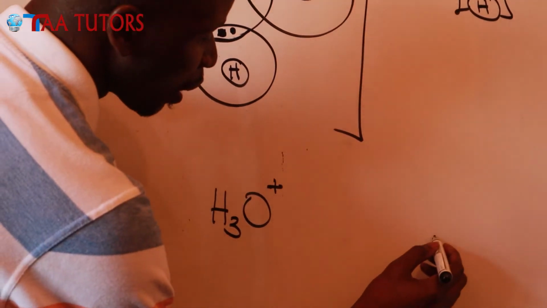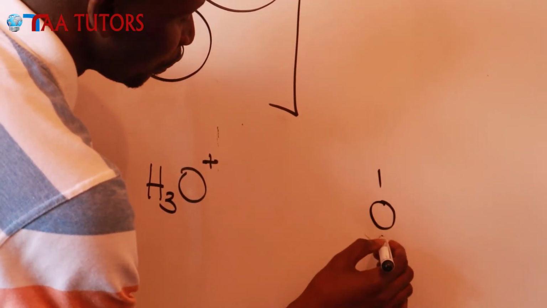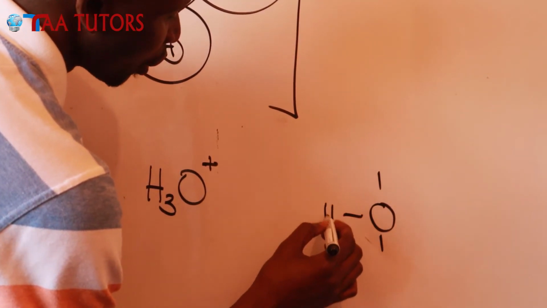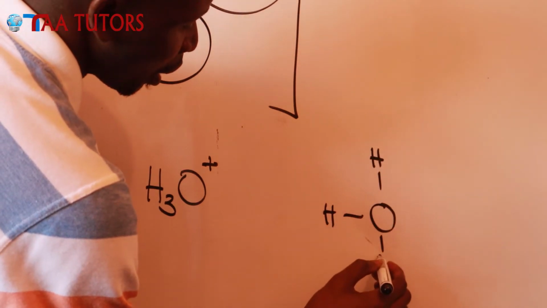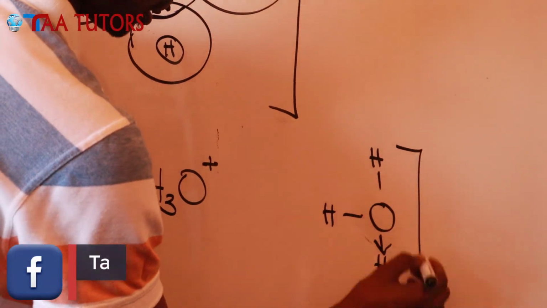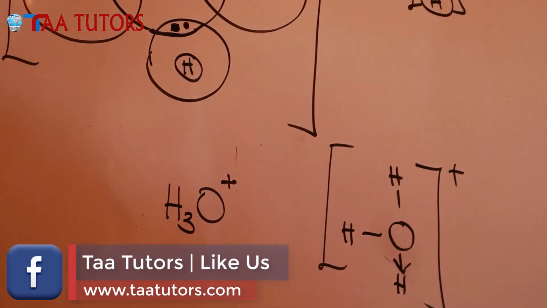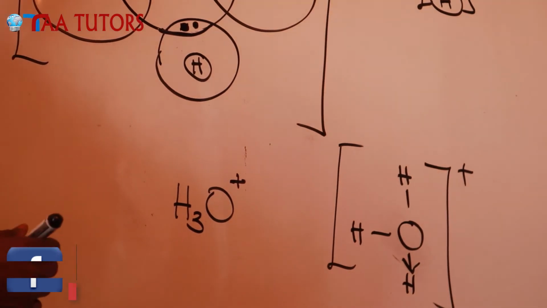So if you have O here, we'll have a displayed formula. This is H, but this is an arrow here to show that that is where the dative bond is. That is another example of a dative bond.